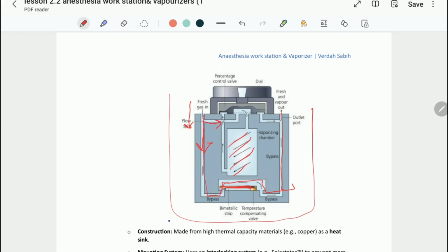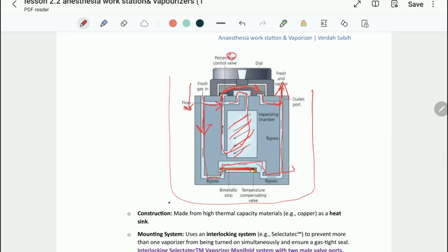The gas comes into the vaporizing chamber, carries the vapor and goes out into the concentration dial, the percentage control valve, where we control the concentration of the vapors. Then it comes out and combines with the bypass flow and leaves through the vaporizer outlet port.